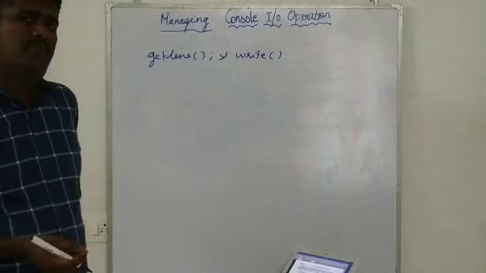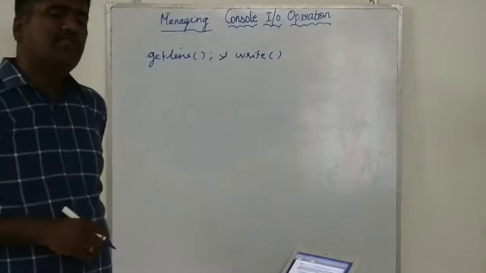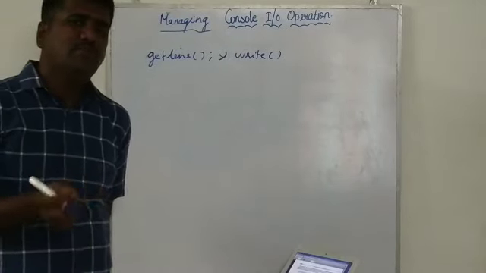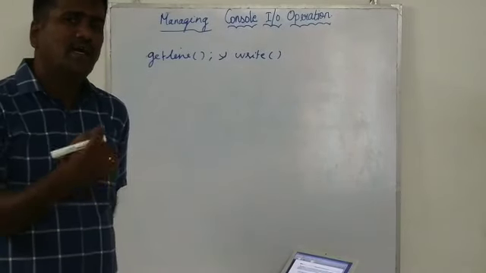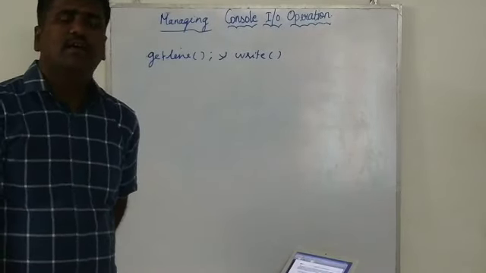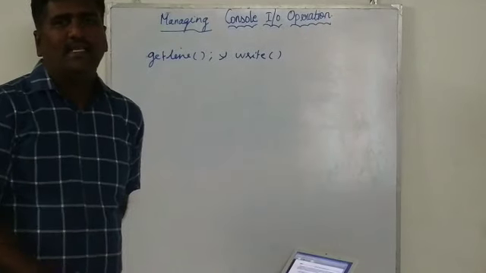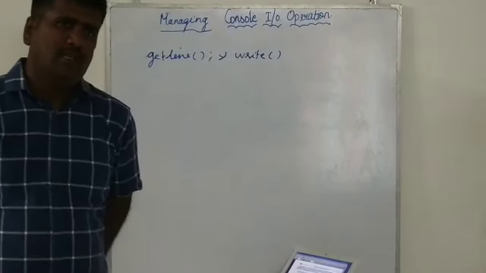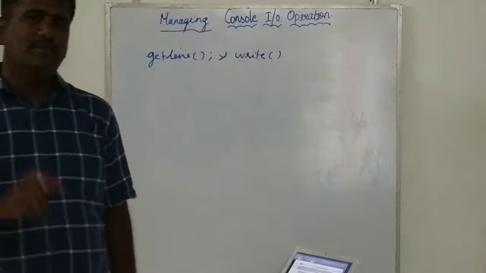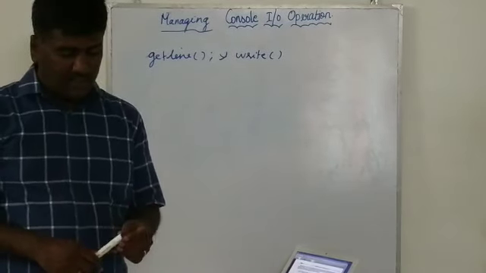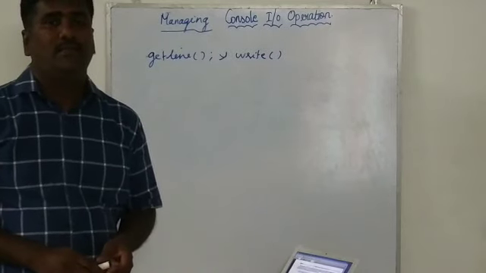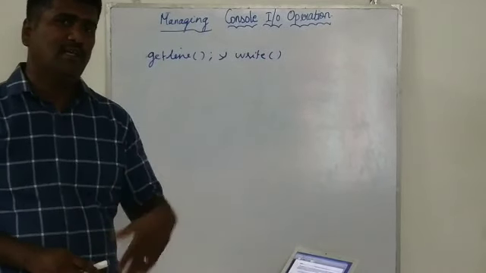Suppose we use a space in between two characters. The space is not read in the cin function. Suppose we enter a space or the enter key, cin does not read that, so it immediately winds up and comes out.